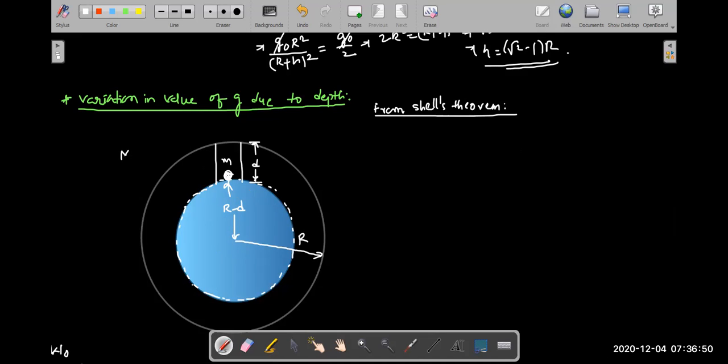What do you mean by influence, sir? It cannot exert force on it. So the remaining part, which has the width d, would not exert any gravitational force. Only the blue part will. That's what Shell's theorem says. Understood the logic? But there is no proof for it here.